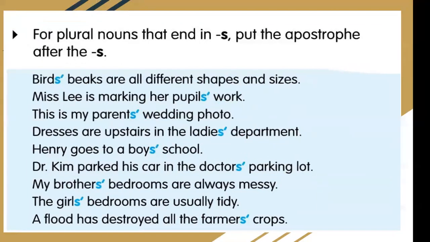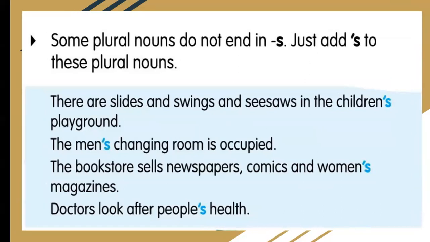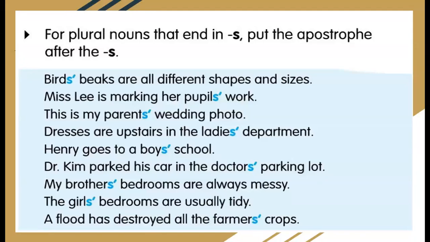Now coming to another rule of plural nouns, point number 4. Some plural nouns don't end in S. Just add apostrophe S to these plural nouns. So in the previous examples, what have you seen? Boys, parents, pupils, brothers, doctors, girls.